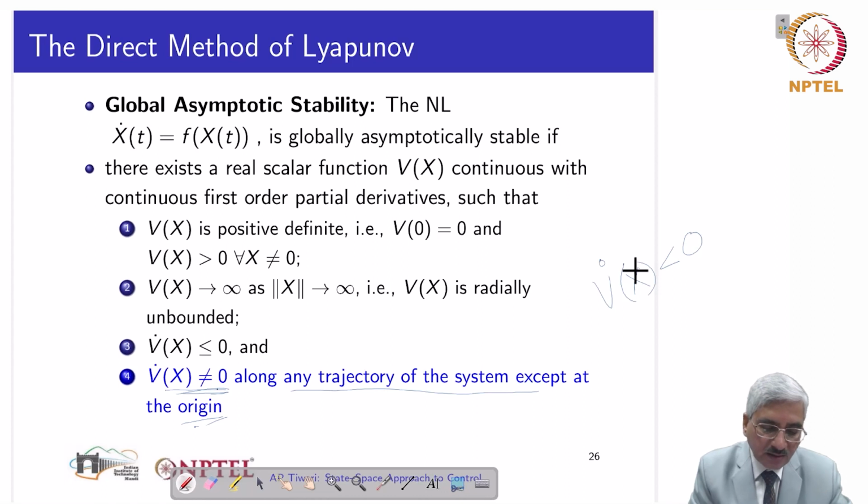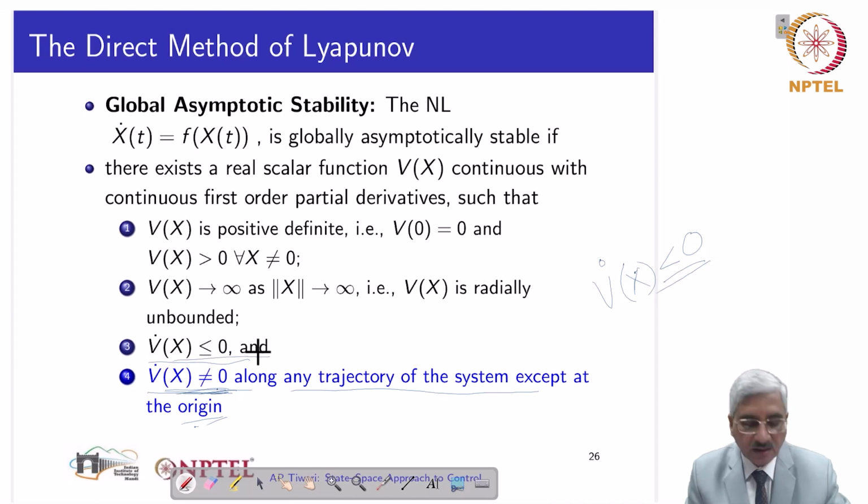So we have taken that condition as a slight relaxation over V dot x less than 0. We are allowing V dot x to be negative semi-definite, and we are restricting it to be non-zero only on the trajectory of the system.